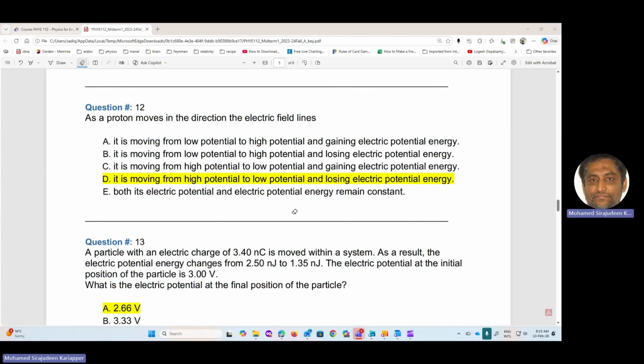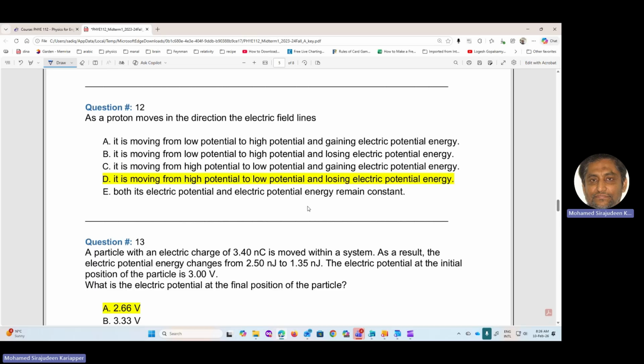All right, now let's look at what happens to potential energy, whether it decreases or increases. We found the potential decreases. Now what about potential energy? You know this relationship between potential and potential energy. It comes from the definition of potential in terms of potential energy.